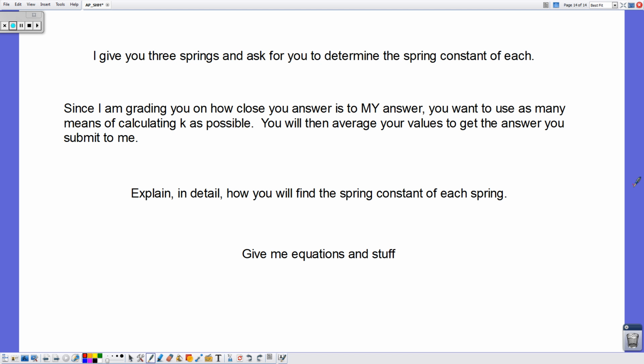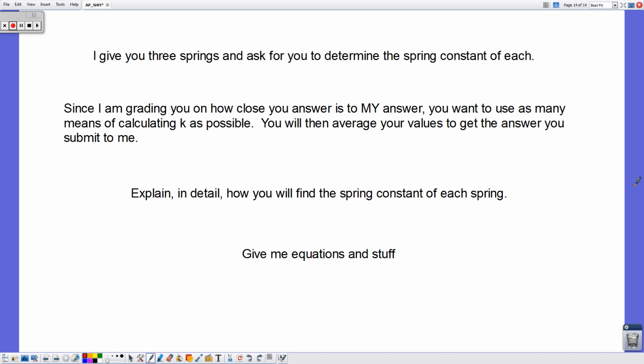Hopefully, if you're doing everything right, all of those answers should be really, really close to each other anyway. Should be. So you take all of your very close to each other answers for k, you average them, and that is the number that you need to give me. Because that is going to maximize the chance that you'll have a number within acceptable parameters.